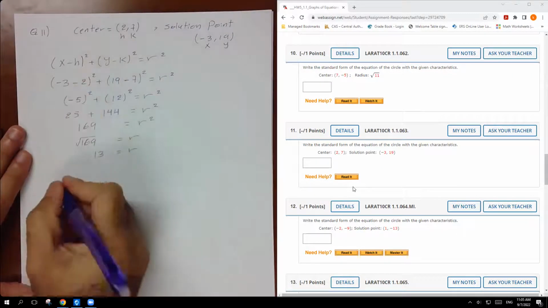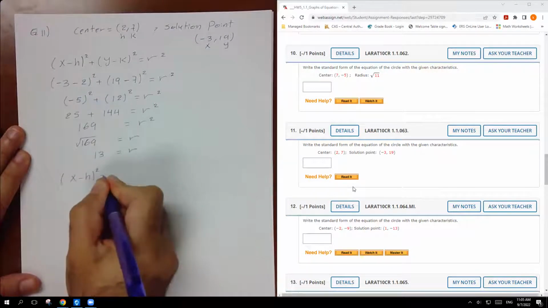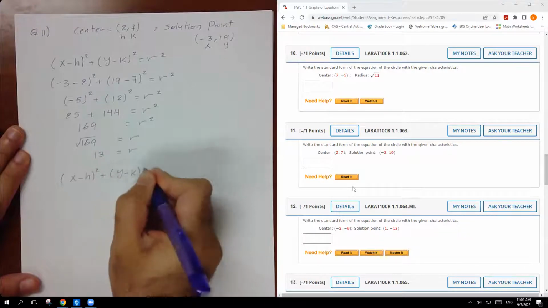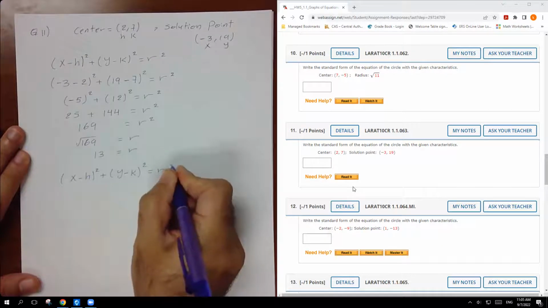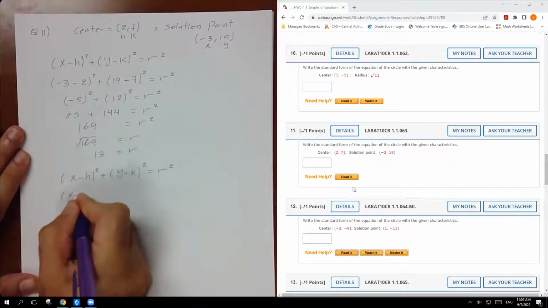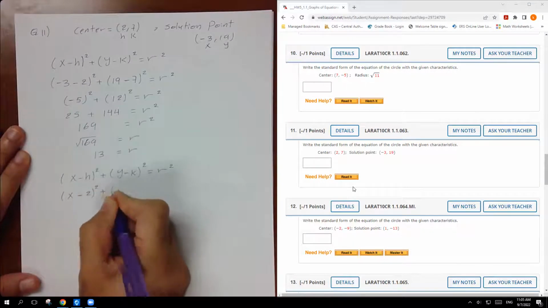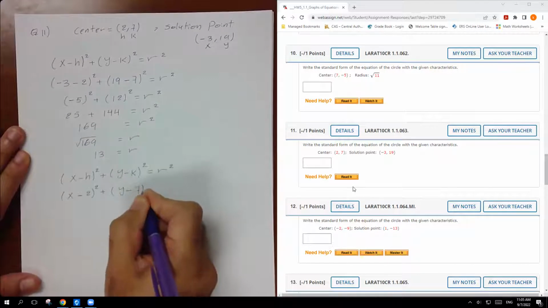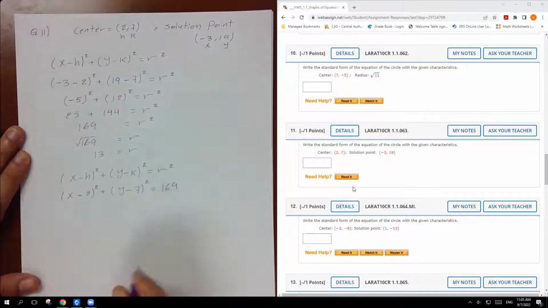I have the center, so it's (x minus h) squared plus (y minus k) squared equals the radius squared. So it's (x minus 2) squared plus (y minus 7) squared equals 169, because 13 squared is 169.